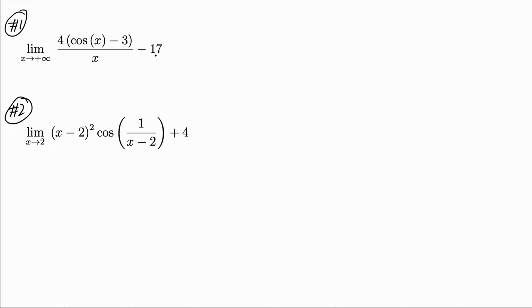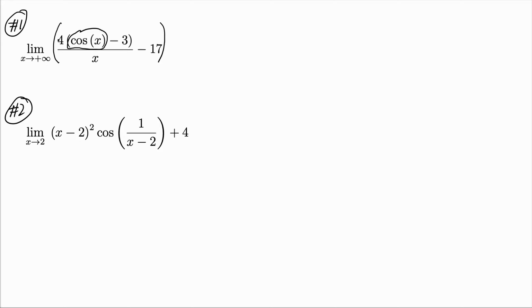So to use the sandwich theorem, we're going to think of this expression right here as being sandwiched with an inequality between two other ones. To do that, we're going to look at the part that's variable, cosine. Cosine jumps between -1 and 1 as x heads off to infinity.